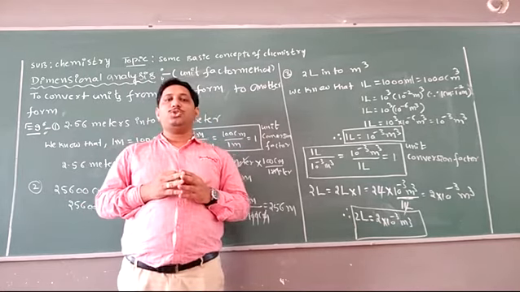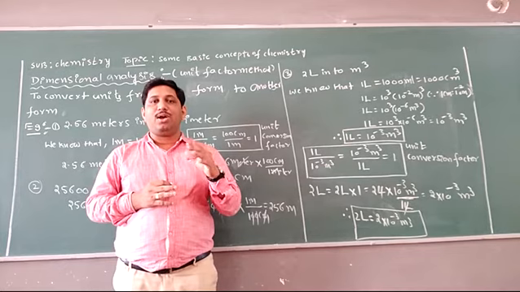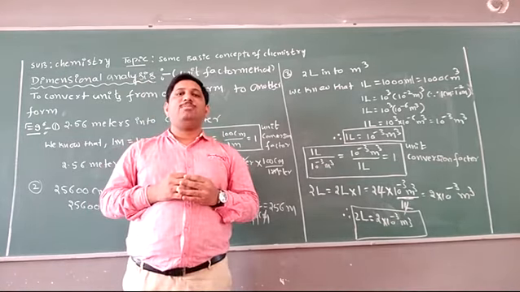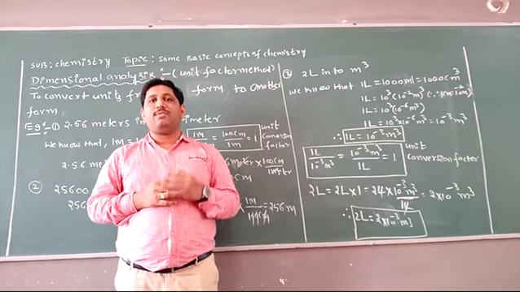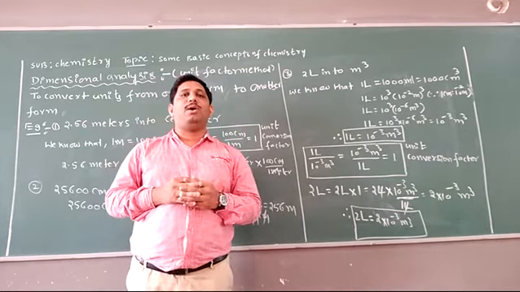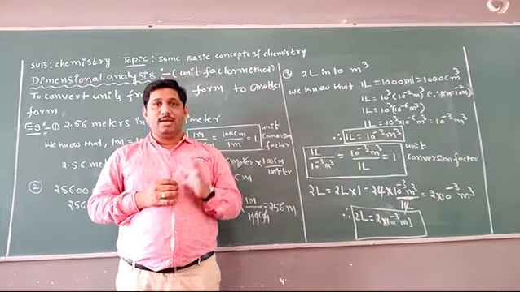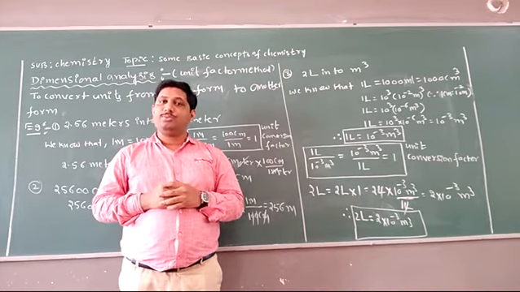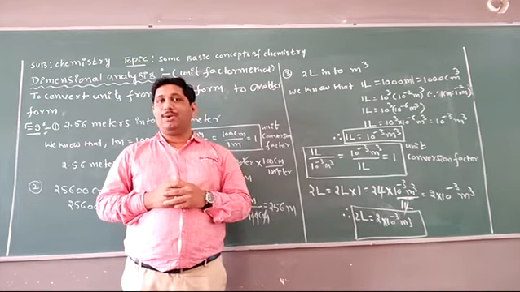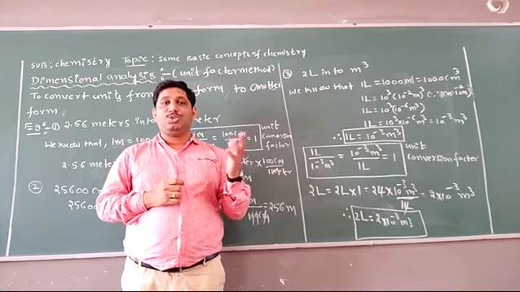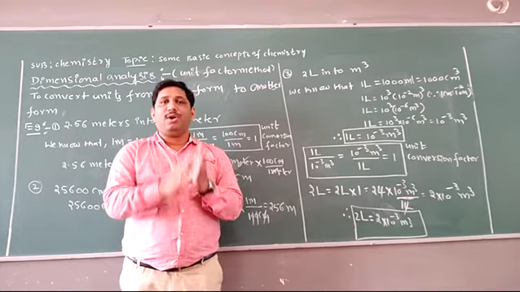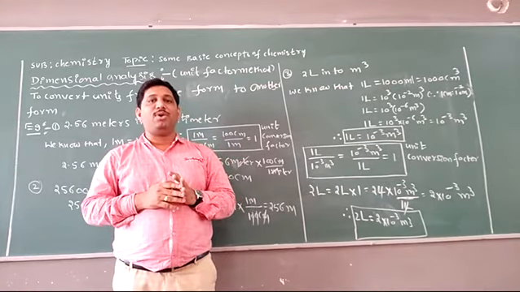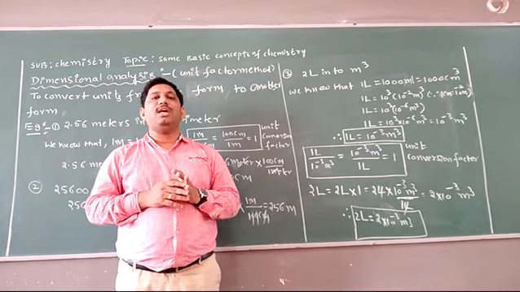This method can be used to convert units from one form to another form, that is kilometers to meters, meters to centimeters, centimeters to millimeters, kilograms to grams, grams to milligrams, milligrams to nanograms, liters to meter cube, liters to milliliters, liters to centimeter cube. The analysis that can be used to convert from one form to another form is known as dimensional analysis.